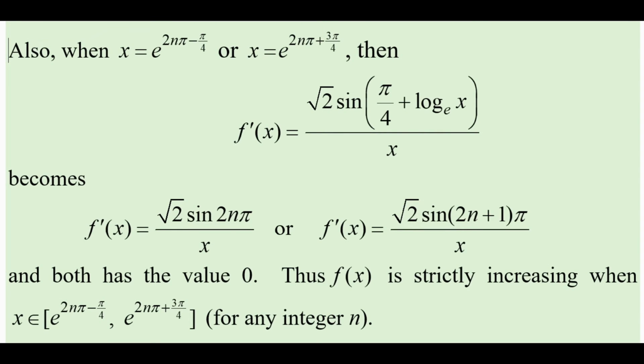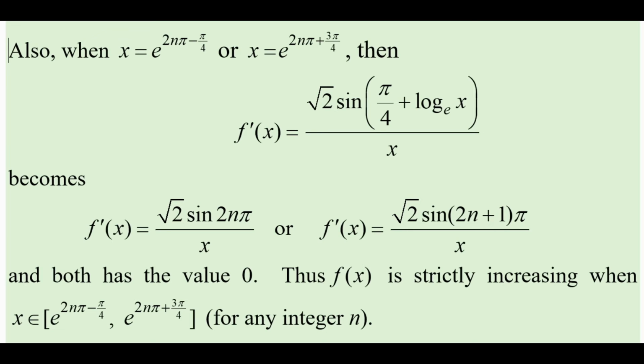Putting x equal to e raised to 2n pi minus pi by 4, and x equal to e raised to 2n pi plus 3 pi by 4, in f prime of x equal to root 2 sine of pi by 4 plus log x, all divided by x, we get f prime of x equal to root 2 sine 2n pi by x, or f prime of x equal to root 2 sine of 2n plus 1 pi by x.